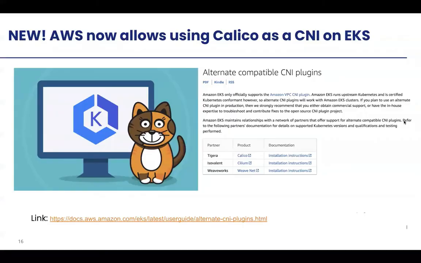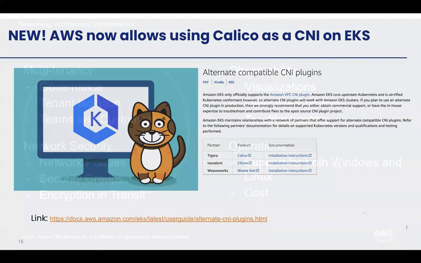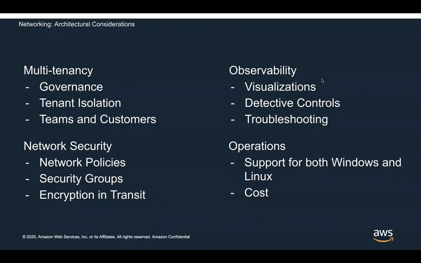So with Calico, you can enforce a policy, you can implement network segmentation, you can implement tenant isolation. It is useful for multi-tenant environments where you must isolate tenants from each other. Network policies, in a way, are similar to AWS security groups.